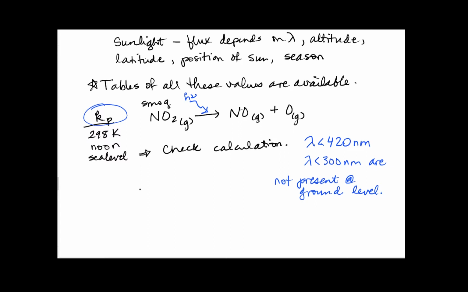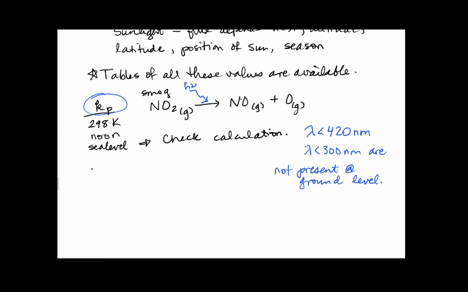Okay, so our first calculation, if we look at that table, for the 300 to 320 nanometer range, we're going to multiply all those bits together. So the first Kp for this, just part 1, is going to be a phi value of 1, molar absorptivity of 1.9 times 10 to the minus 9, and a flux of 0.6 times 10 to the 14.